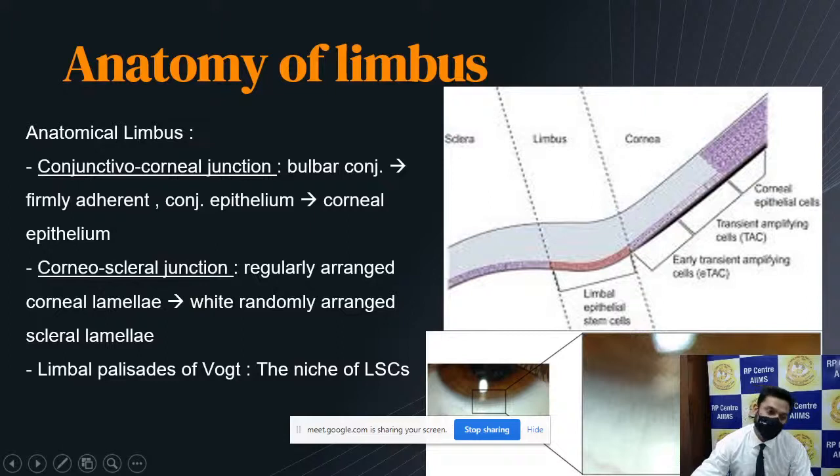So then the three waves of migration of the neural crest cells lead to the formation of the corneal stroma, and the iris stroma. Moving on to the layers of cornea, let's consider them one by one, starting with the epithelium.